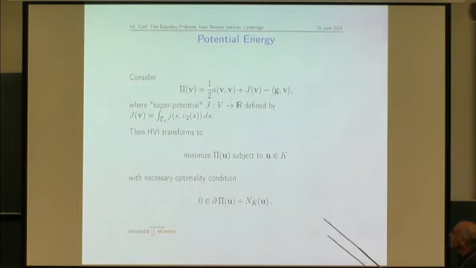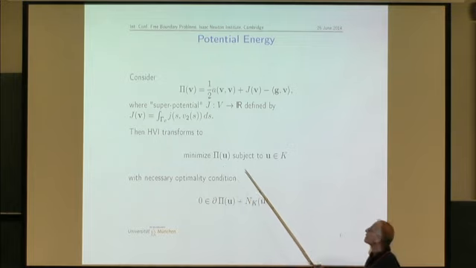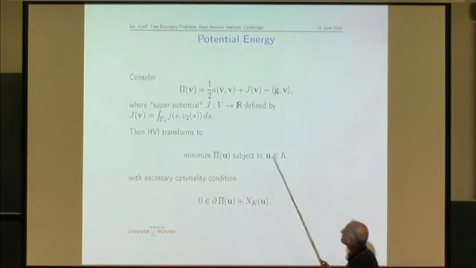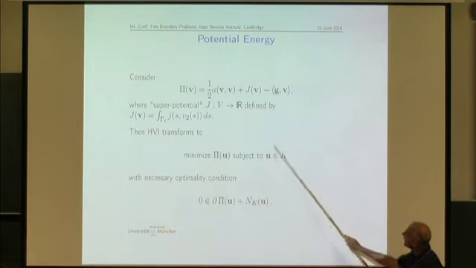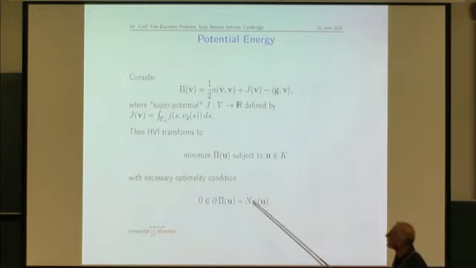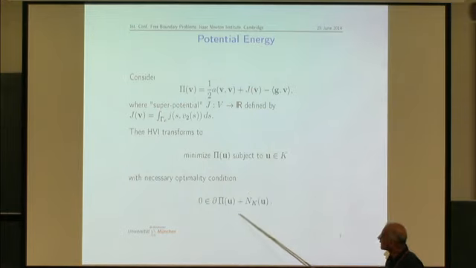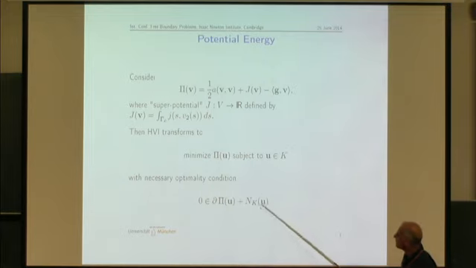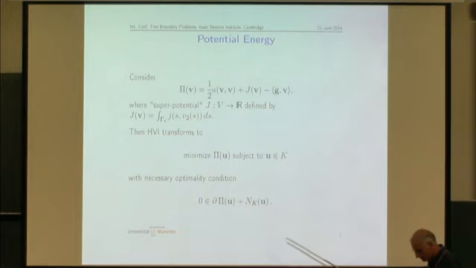Then you can write it down as a non-convex variational problem, minimizing this function Pi subject to this constraint, which is captured in this set K. And of course, you can also write down an optimality condition with a generalized derivative here, and here with a normal cone to this convex set K.